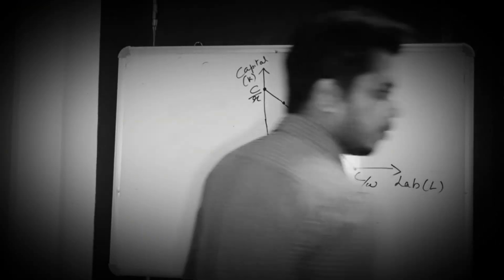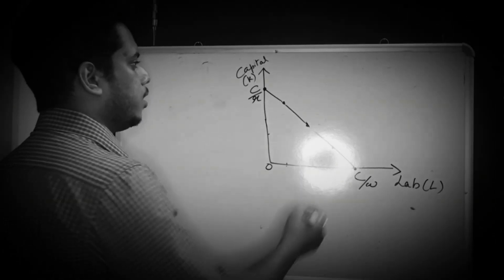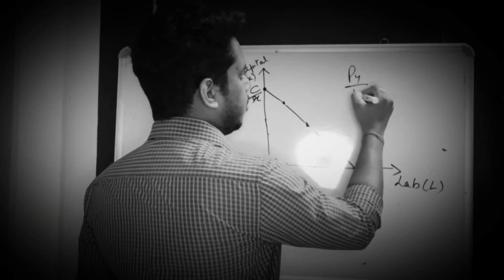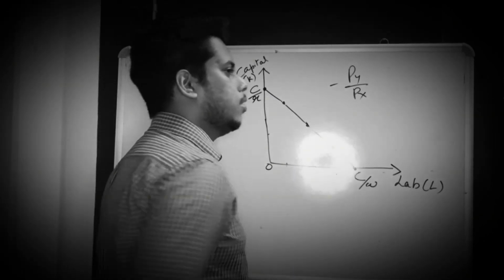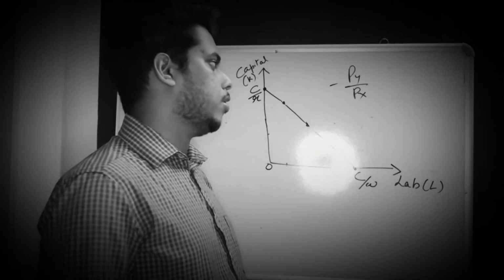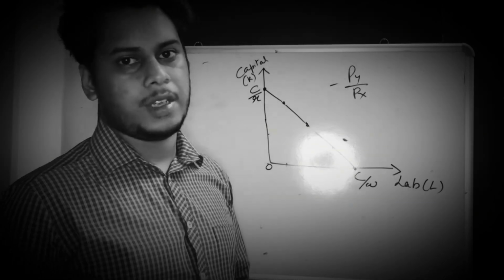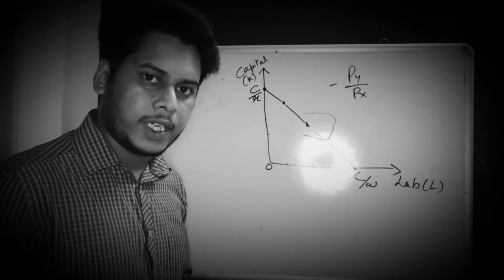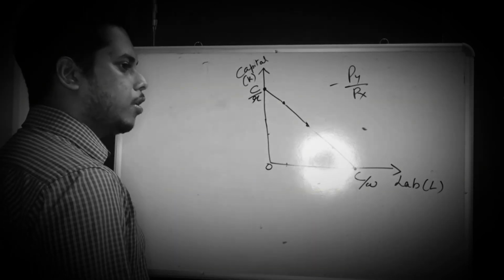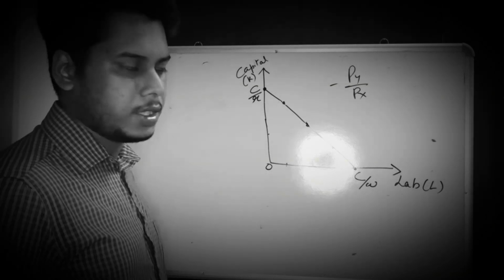Now in case of a budget line, we know the slope of a budget line was given as Py by Px, and it was accompanied by a negative sign, as it is a negative sloping curve. Similarly, this is also a negative sloping curve, so the slope will obviously have a negative sign along with it.